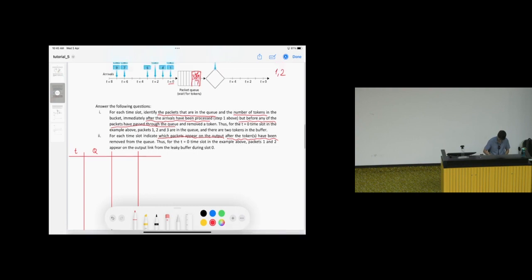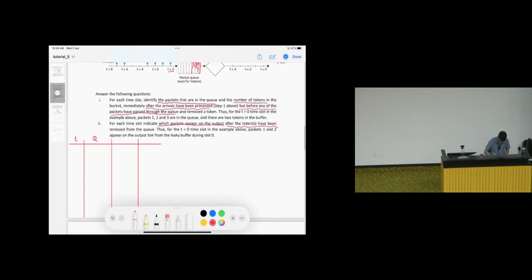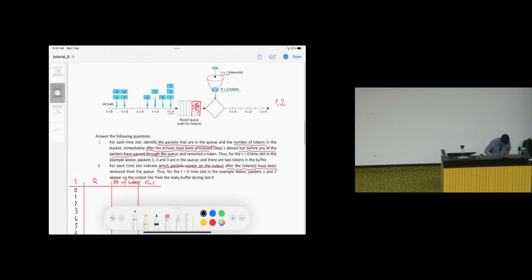This is going to be the number of tokens in the bucket. And the last one will be which packets appear on the output. So this is going to be the packets in the output, but that is after they are processed by the bucket. Okay? So let's write down the times here, starting from 0, 1, 2, 3, 4, 5, 6, 7, 8, 9. Yeah, 9 is enough.